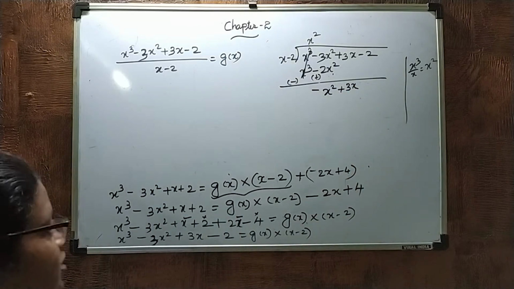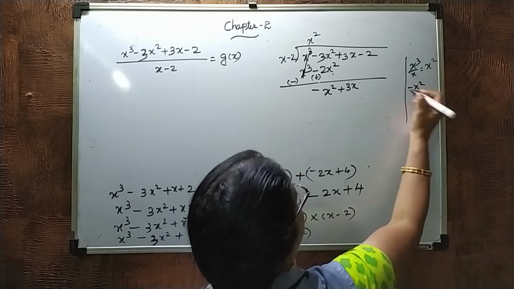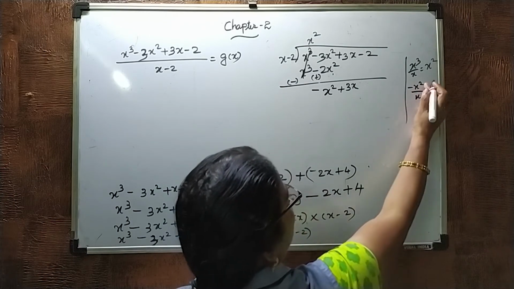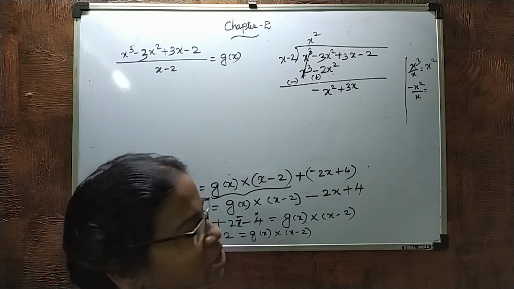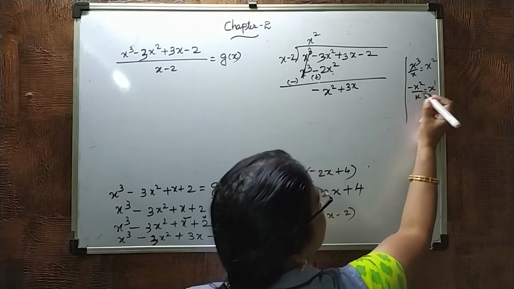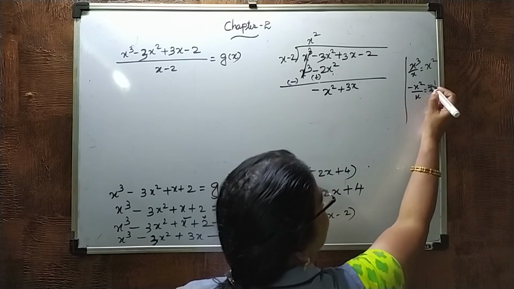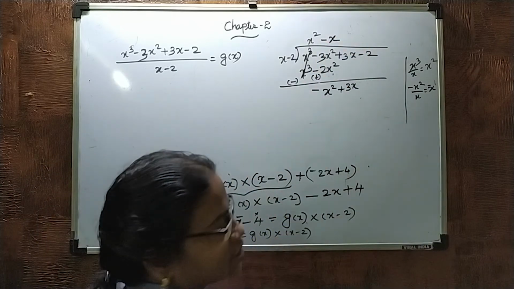So next thing, we will divide this negative x square by x. Two minus 1 exponents: a raised to m divided by a raised to n is equal to a raised to m minus n. So x raised to 2 minus 1, you will get x raised to 1, negative divided by positive, negative. That means negative x, meaning minus x.